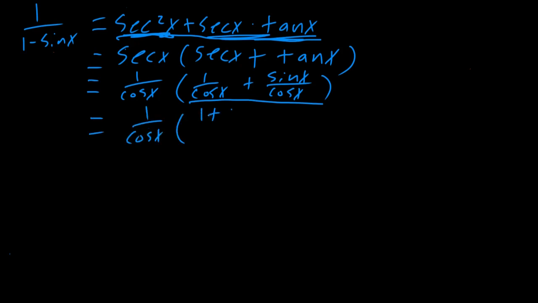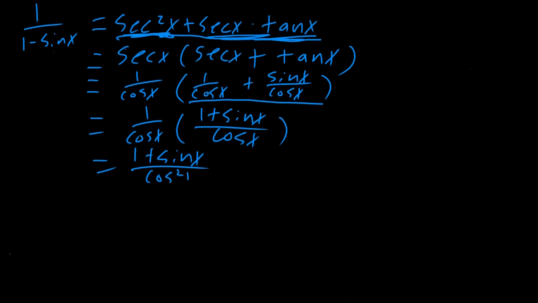So it's just 1 plus sine of x over cosine of x. And then we can multiply this. So 1 over cosine of x times 1 plus sine of x over cosine of x. It's just 1 plus sine of x over cosine squared of x.